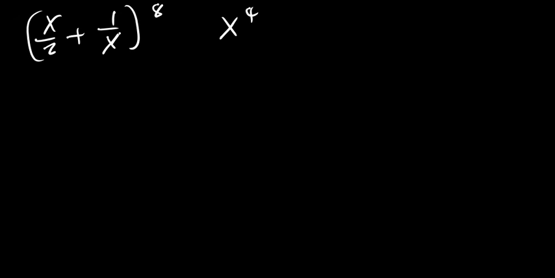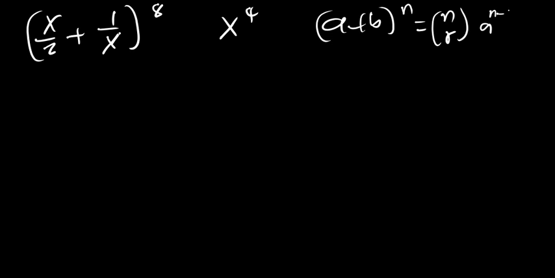So the formula for binomial theorem, we said if we have got a plus b raised to the power n is n choose r, that's the formula, then a to the n minus r, b to the power r. That's the general formula you are supposed to know. So even here I'll use the same one. I'll say n choose r, a to the n minus r, b raised to the power r.